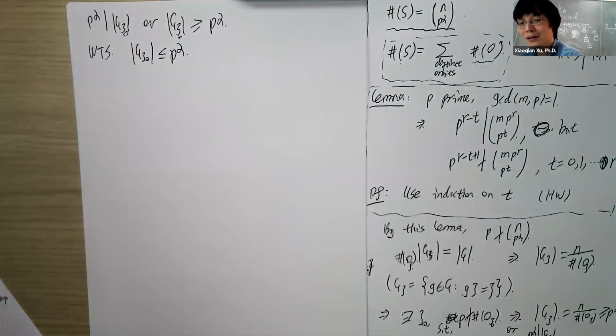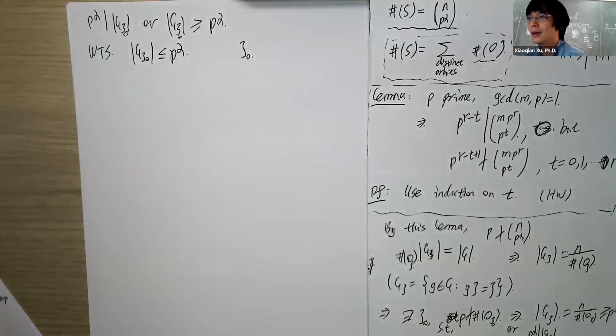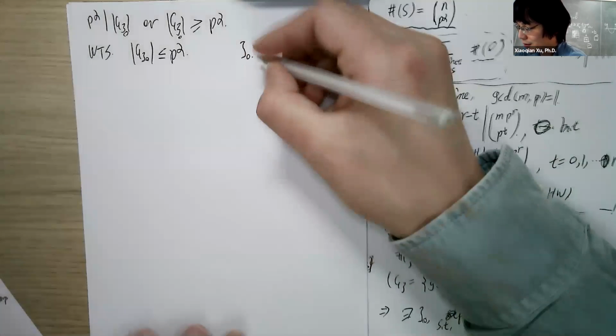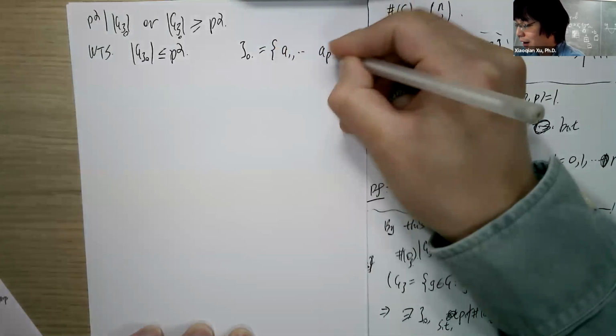Well, this is not so easy, but let's look at C0. C0 is something, let's say a1, a2, until a_{P to the alpha}.